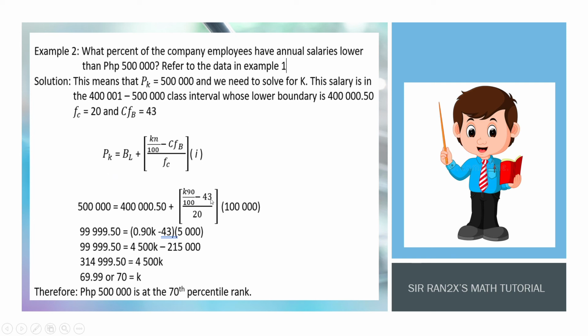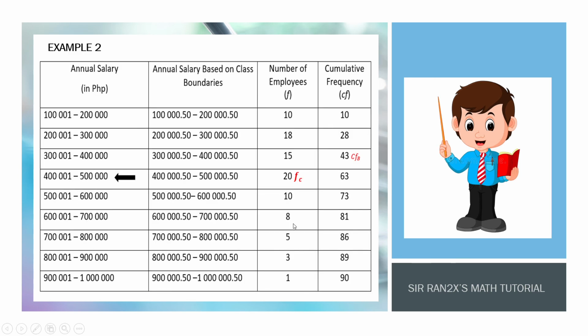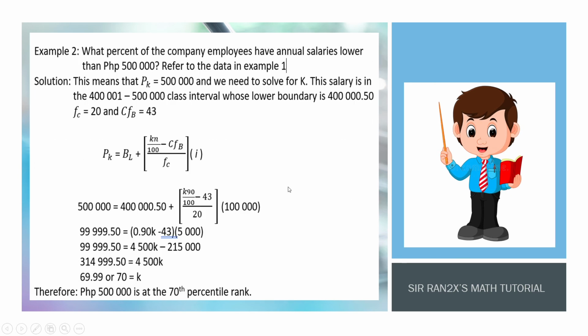Minus 43, our cumulative frequency of the class before, and then all over 20, since our frequency is 20. Then times 100,000, because our I, the class size or interval, is 100,000.